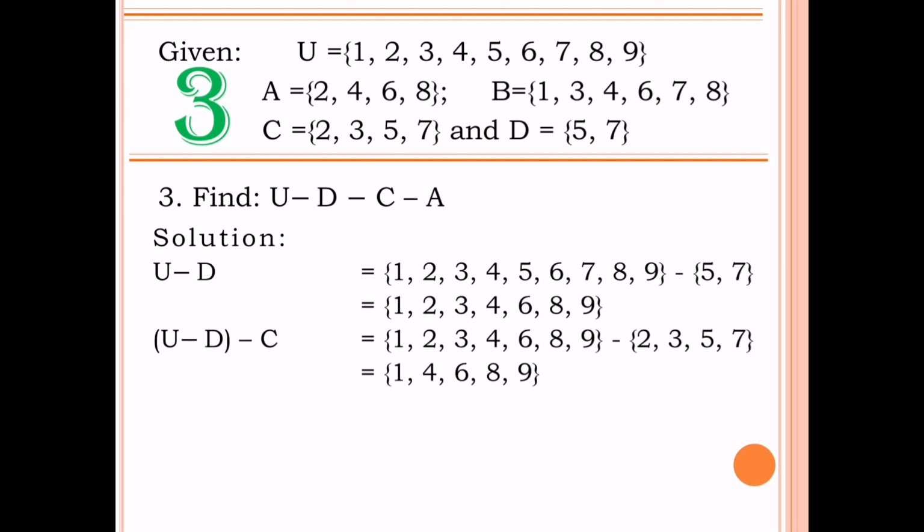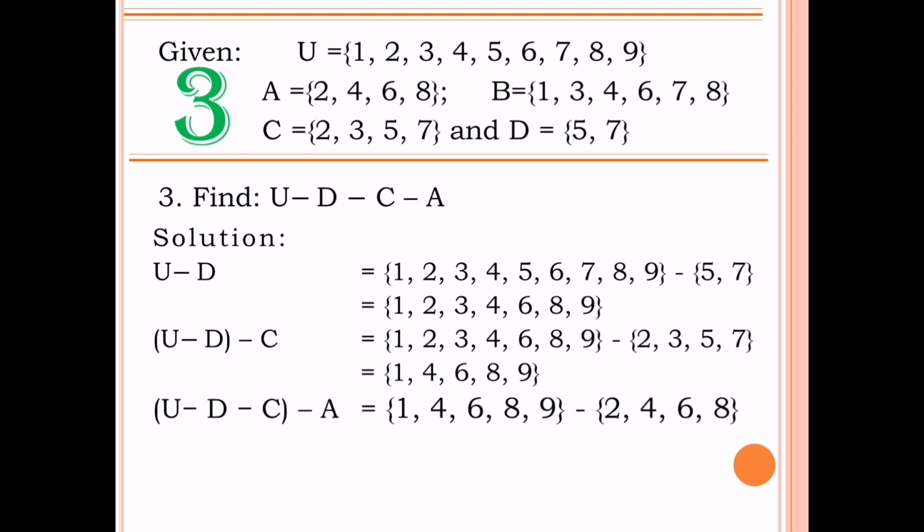The same process, left to right. So we're going to enclose the first 3 sets like that and bring down the last operation and the set. Bring down the first answer and then bring down all the elements of set A. If ever 2, 4, 6, 8 are present in the first set, then we are not going to include them. Otherwise, those elements not present in the second set would be our answer.